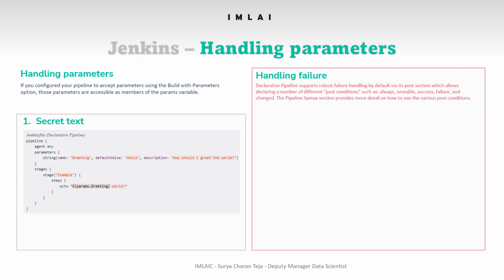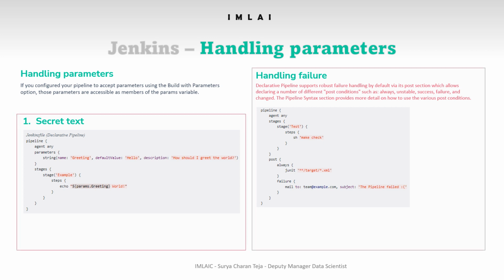Then we have handling failure. Declarative pipeline supports robust failure handling by default via its post section. It uses the post directive to handle failures.